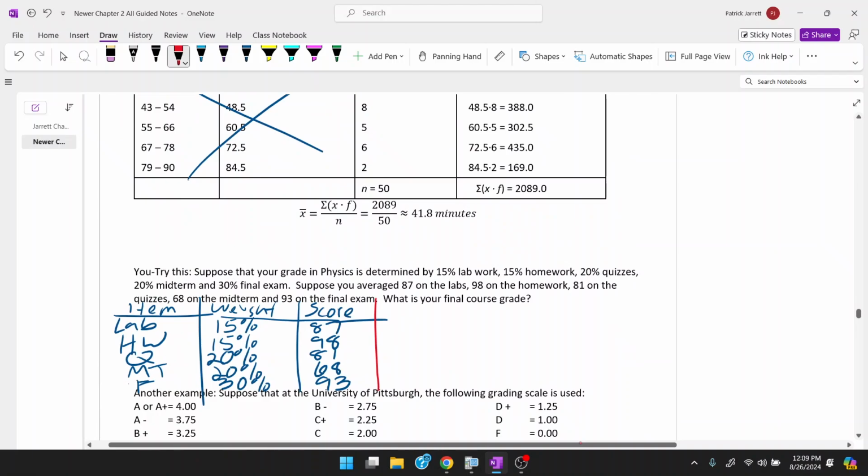All right, so basically 15% of 87, we'll call that the component.